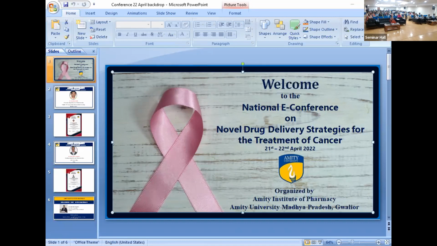He serves on various expert and reviewer panels in medical biotechnology and nanotechnology. He has been responsible for many research projects worth more than 10 crores funded by government organizations like DBT, DST, AICTE, ICMR. He has published more than 150 scientific articles in recognized national and international journals, and he has authored 4 textbooks in the field of pharmacy.